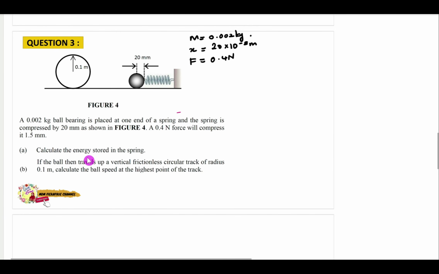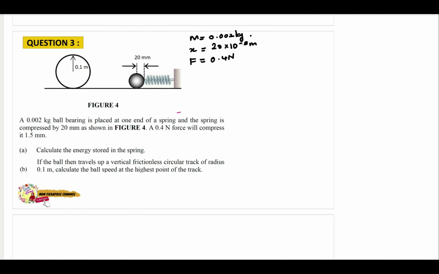Alright, so now let's read the question. Okay. So calculate the energy stored in the spring. Okay, so sebelum tu tengok balik soalan ni. A 0.4 Newton force will compress it 1.5 millimeter. So, ada dua condition. Okay, tadi kita nak compresskan spring itu 20 millimeter, tapi soalan bagi tahu, we need 0.4 force in order to compress 1.5 millimeter.